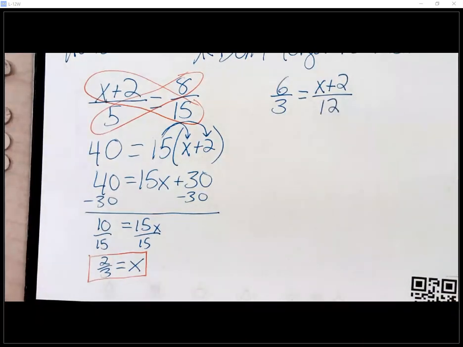All right, try that one. At least I think that's nice. Yeah, it is. Okay, so try that one. Multiply your 2 diagonals. Doesn't matter which diagonal you multiply together first. Just be sure that when you're doing the 3 times x plus 2, you distribute.